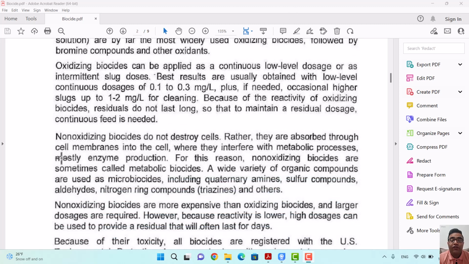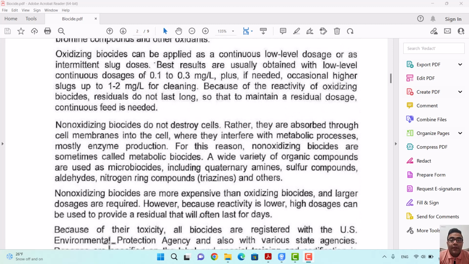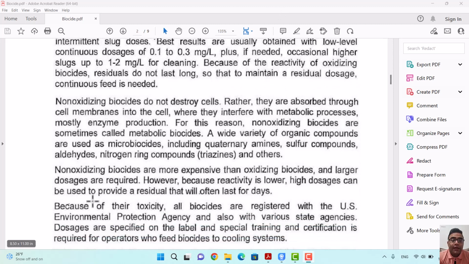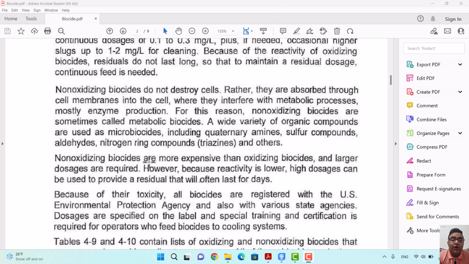Non-oxidizing biocides are injected to the cooling water systems in a shockwise manner. And the last one, non-oxidizing biocides are more expensive than oxidizing biocides, and larger dosage of them are required. But remember, they will last longer. They will last for days.